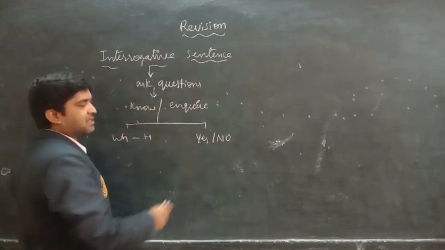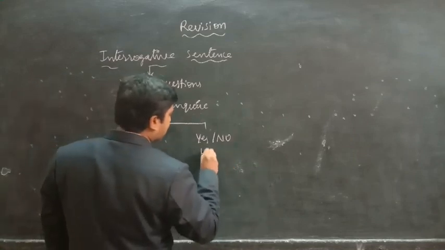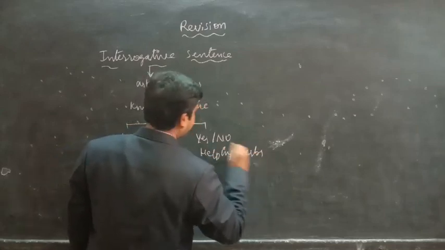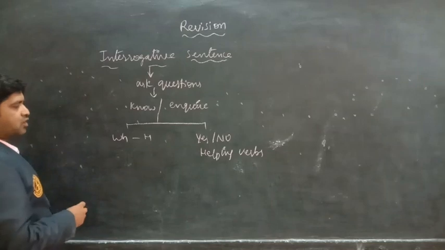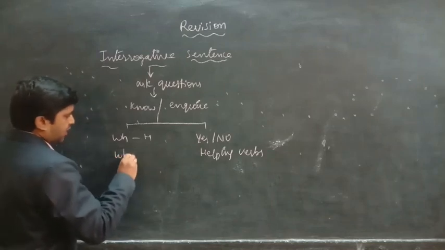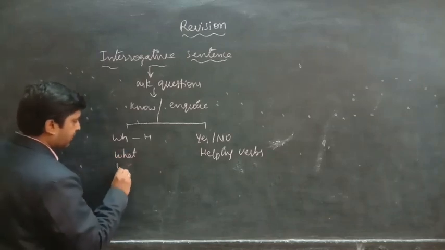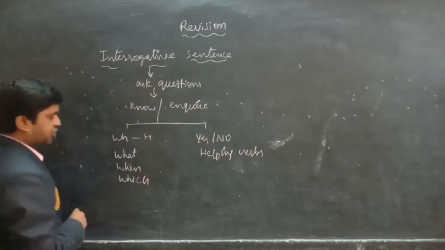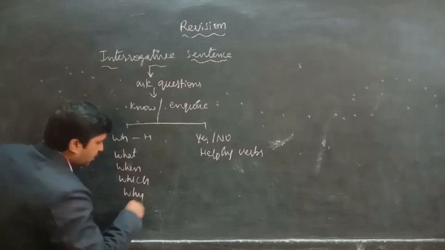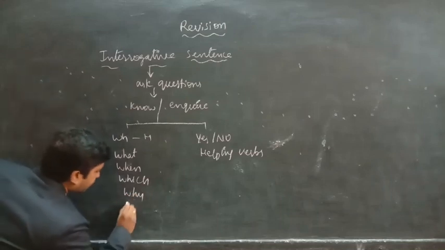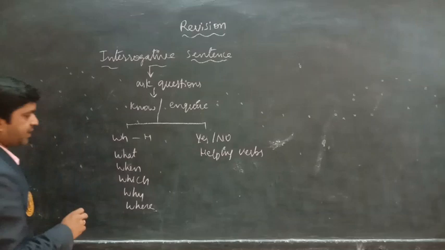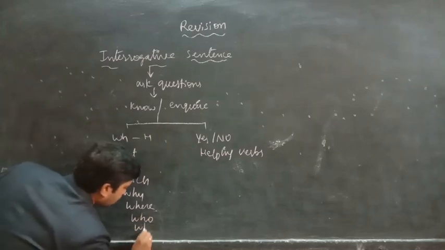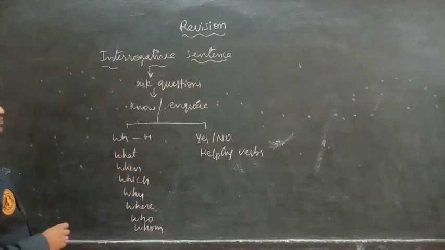For asking yes or no type questions we use helping verbs. For WH questions we use what, when, which, why, where, who, whom.